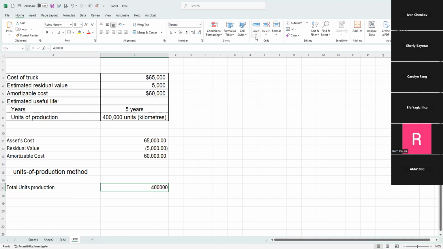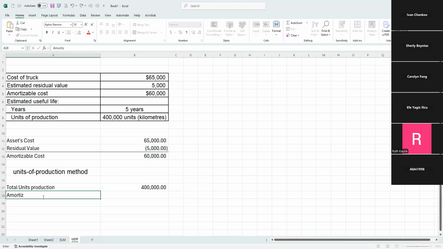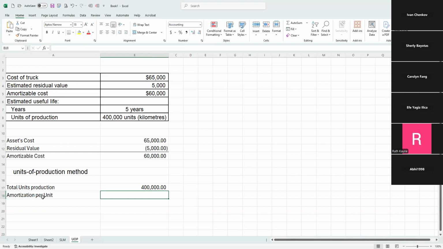So once I know how many units I can produce, what's the next logical thing to calculate? Amortization per unit. And how much is my amortization per unit?